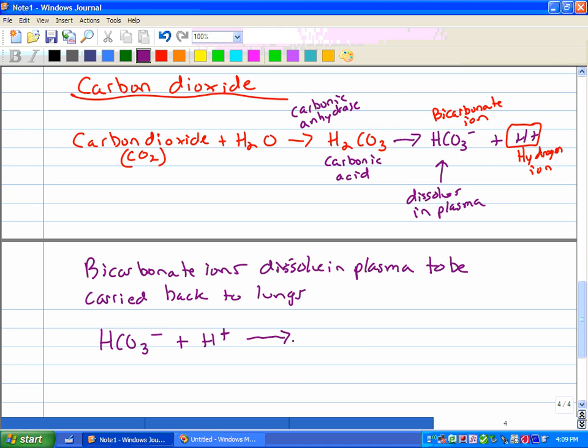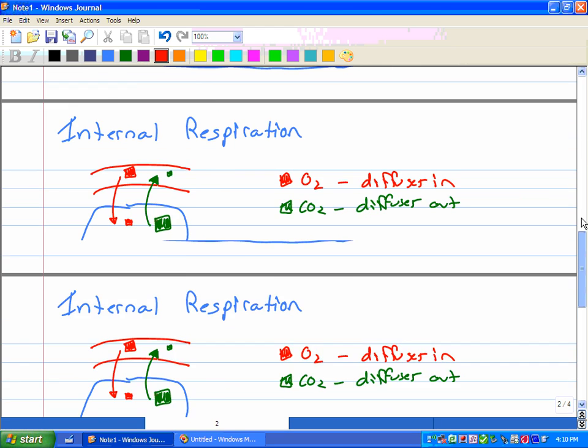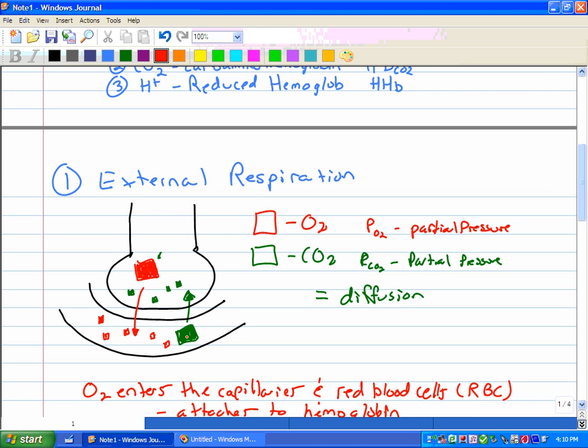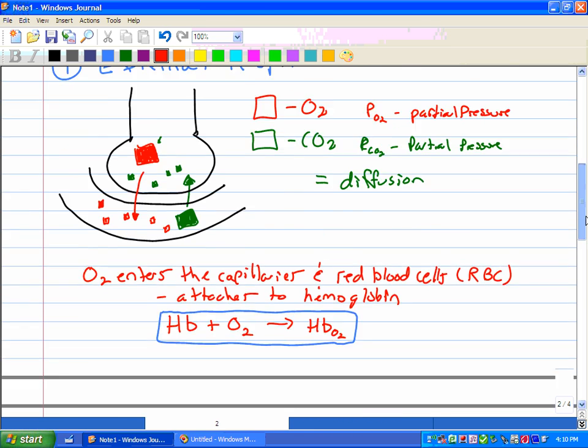It changes back into our H2CO3 quickly, and then that changes back into H2O and CO2 with the use of our carbonic anhydrase. Okay? And now, since that CO2 is there in greater proportion, it can diffuse out of the blood into the lungs just like it did in our first picture here.